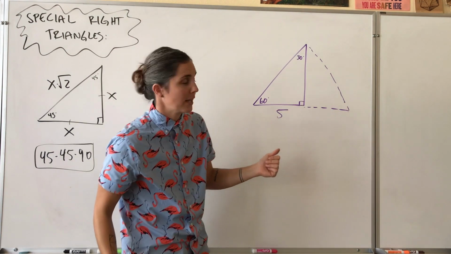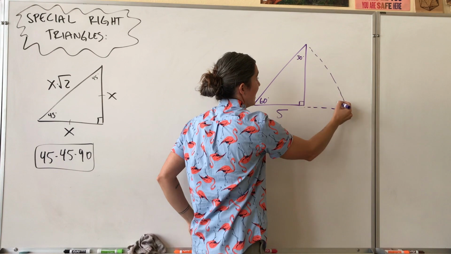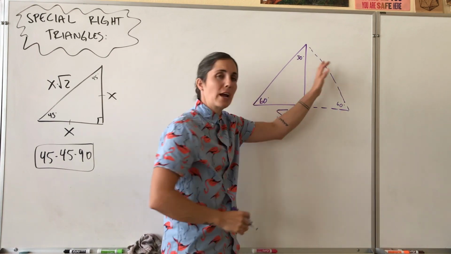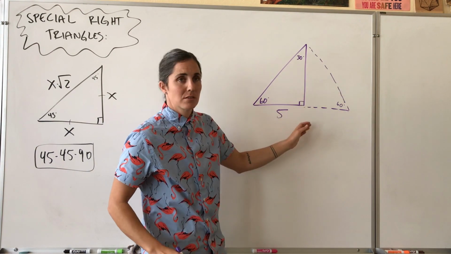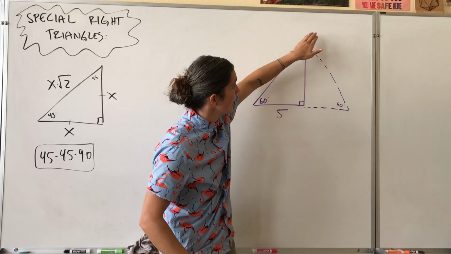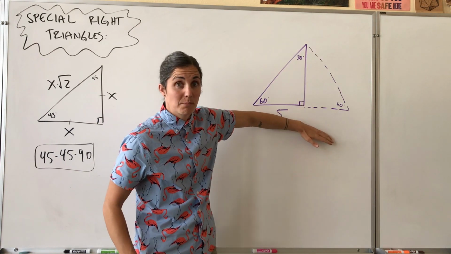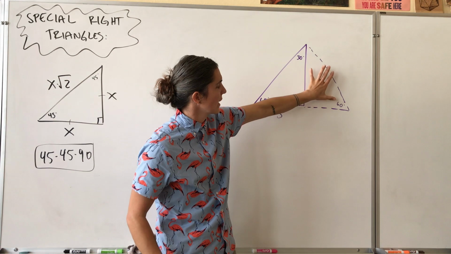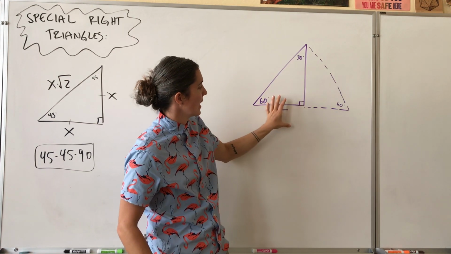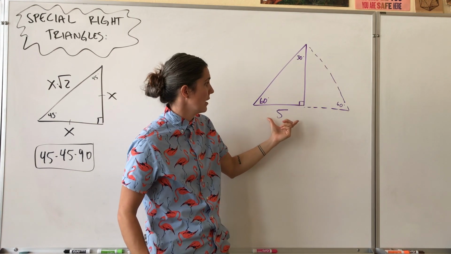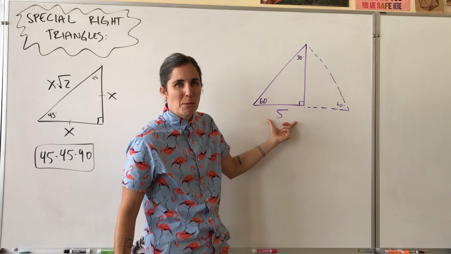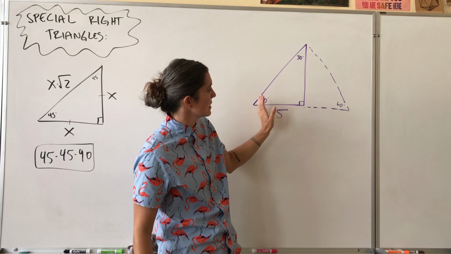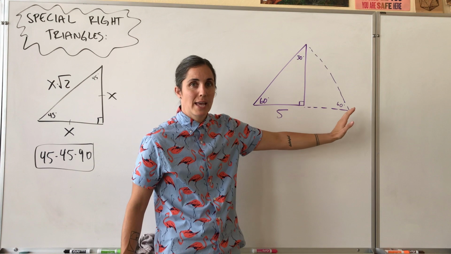Forgive my poor equilateral drawing, but this would mean that every angle in the triangle was 60 degrees, which would mean that every side of the triangle was the same. So we're picturing that I cut it in half to get my bottom base of 5. Before I cut it in half, that means this whole base was 10.